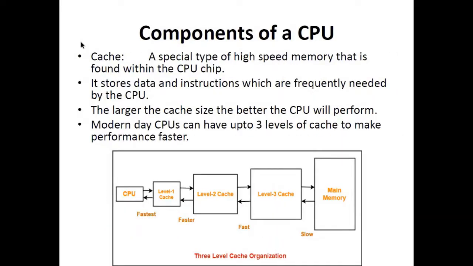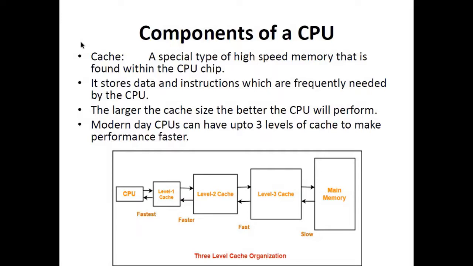The next component of CPU is a cache, however you want to pronounce it. It is a special type of high-speed memory that is found within the CPU chip. It stores data and instructions which are frequently needed by the CPU. The larger the cache size, the better the CPU will perform. Modern day CPUs have up to 3 levels of cache to make performance faster.